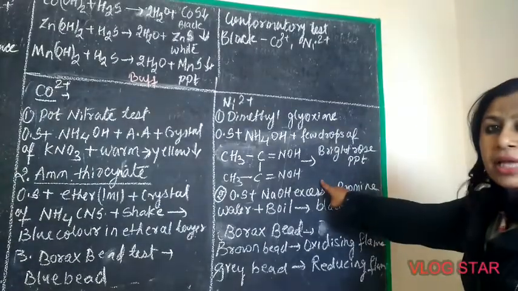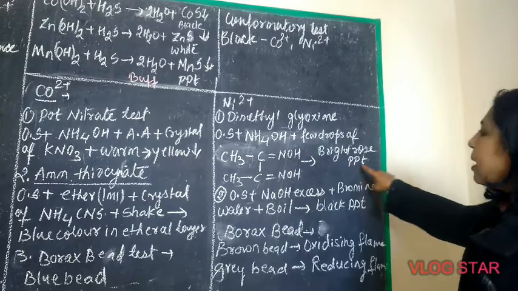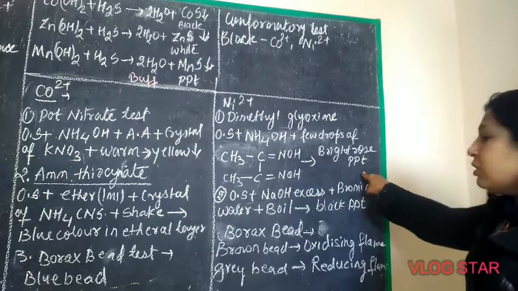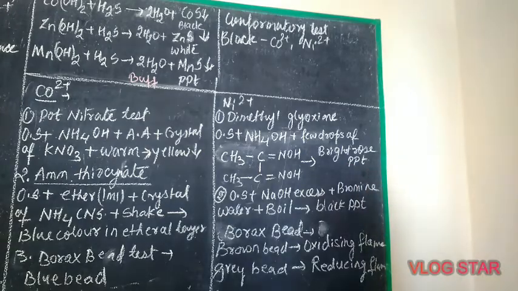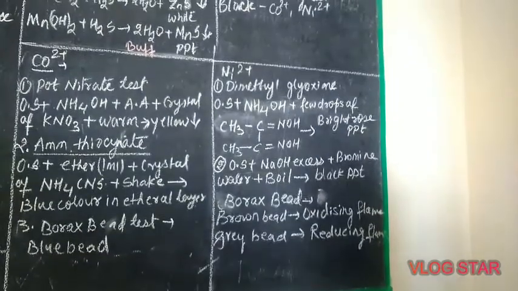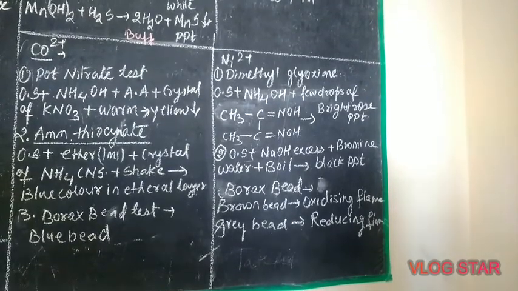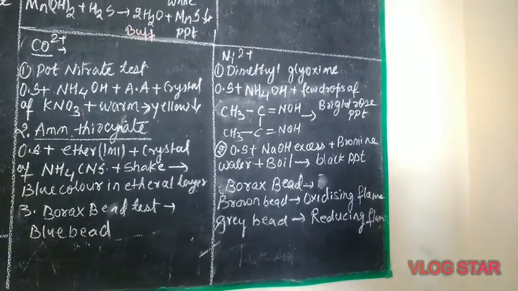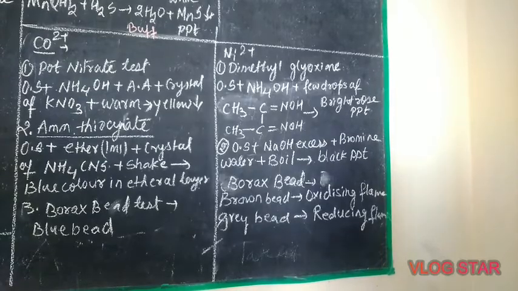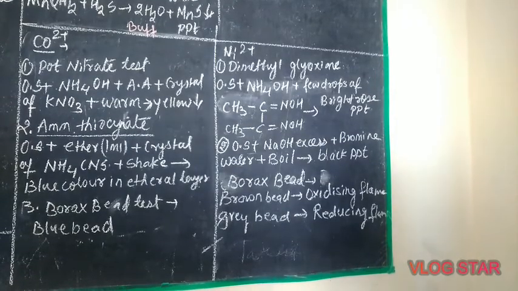This is dimethyl glyoxime. It gives a bright rose precipitate, a beautiful bright rose precipitate. Second test is original solution plus sodium hydroxide in excess plus bromine water and boil it. If you get a black precipitate, that means Ni2+ is present.